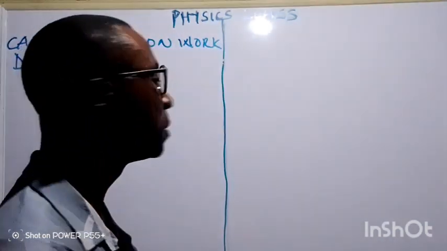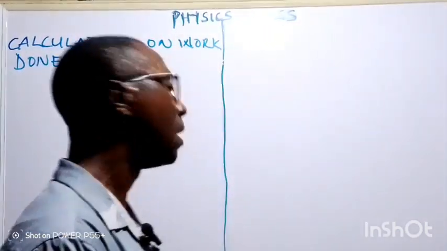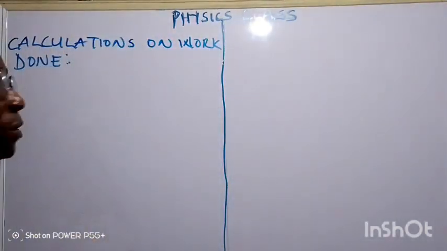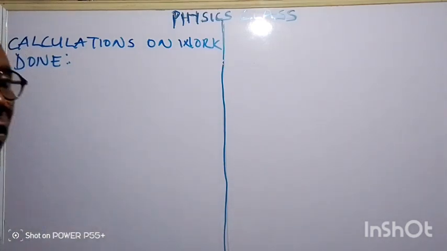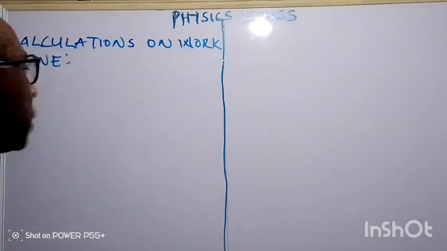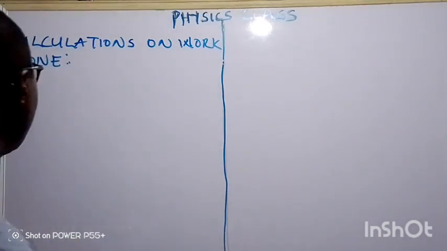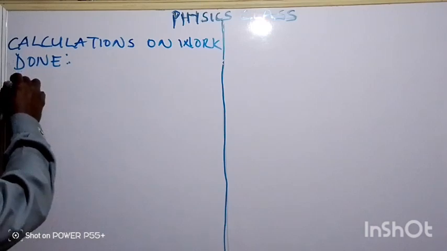Today, as I promised when we concluded our last lesson, we are going to look at calculations on work done. Let me remind you what we have done so far in our last lesson. 1.